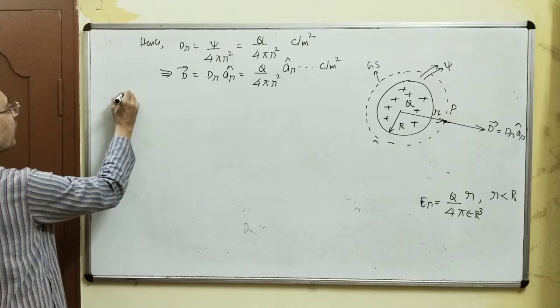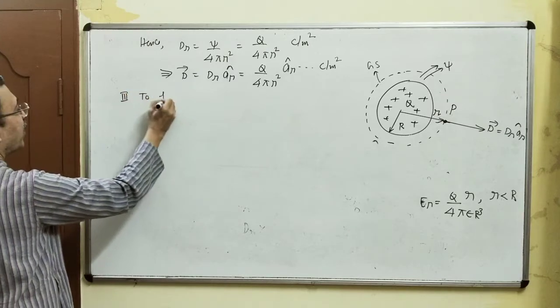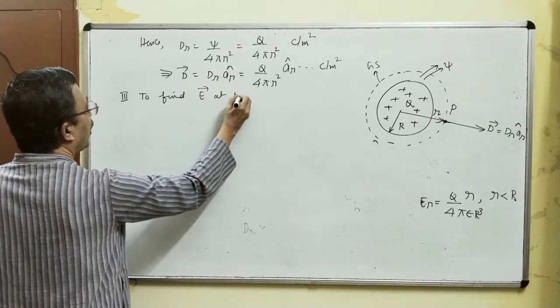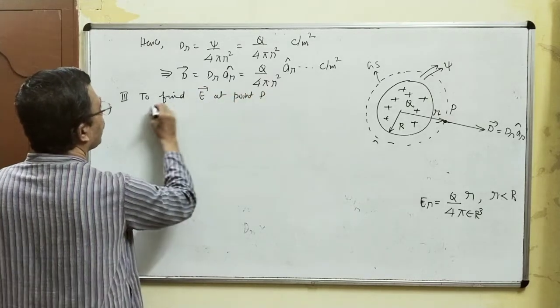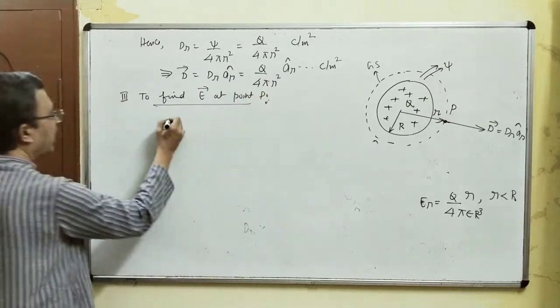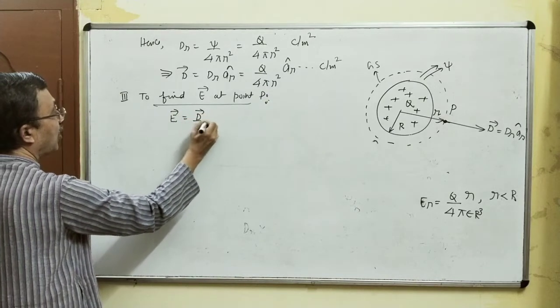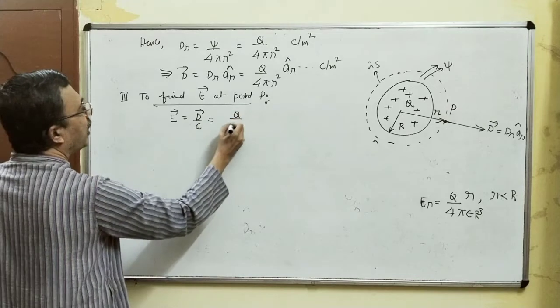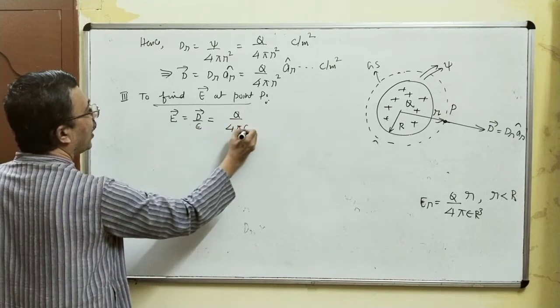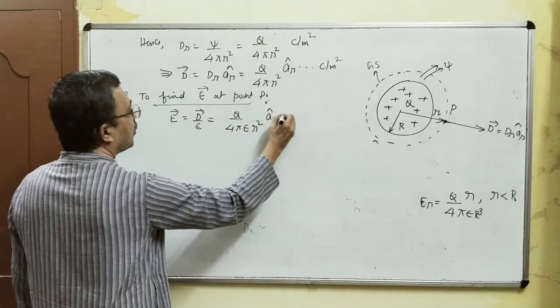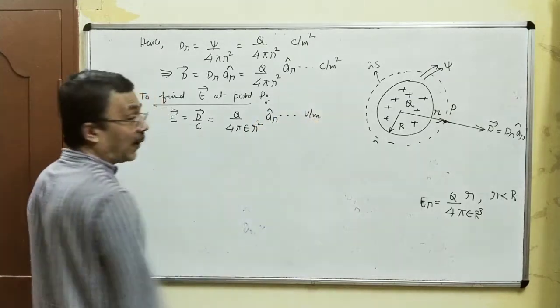Step number 3, to find vector E at point P. What is vector E? Vector E is equal to vector D by epsilon, which equals Q divided by 4 pi epsilon r square into ar cap. So many volts per meter.